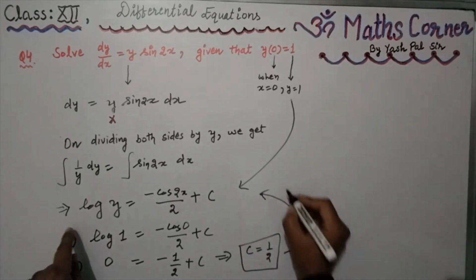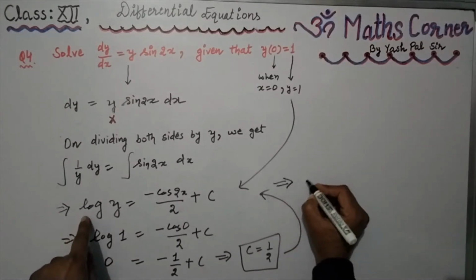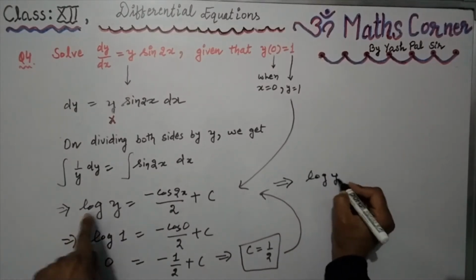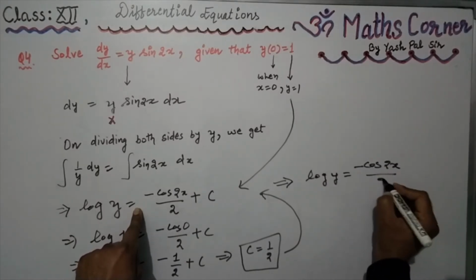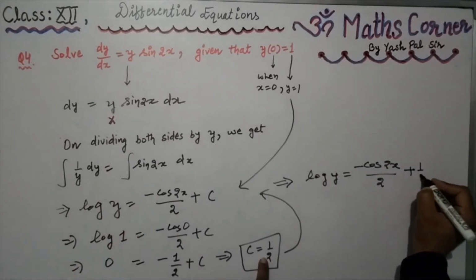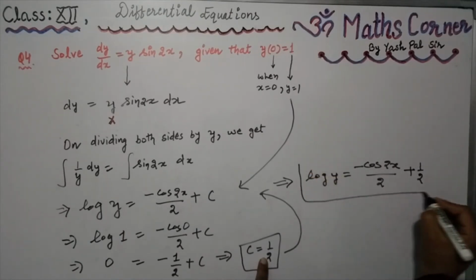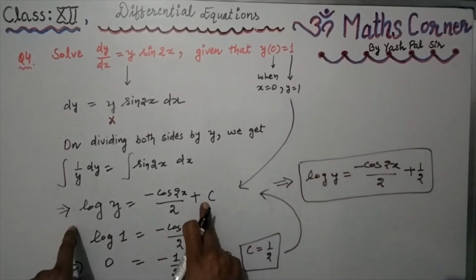If c is equal to 1 upon 2, once again we come here and write log of y is equal to minus cos of 2x divided by 2 plus 1 upon 2.